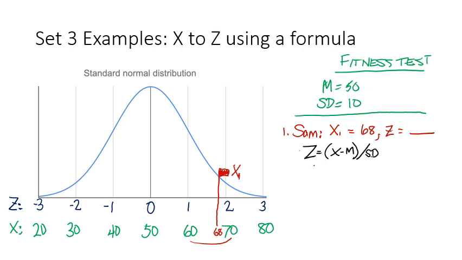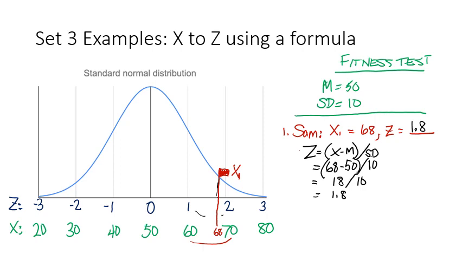And so in this case, we would have Sam's score 68 minus the mean, which is 50, divided by the standard deviation, which is 10, which equals 18 divided by 10, which equals 1.8. And that is what we predicted, and that's right about where it looks to be between this 1 and the 2, so Z equals 1.8.